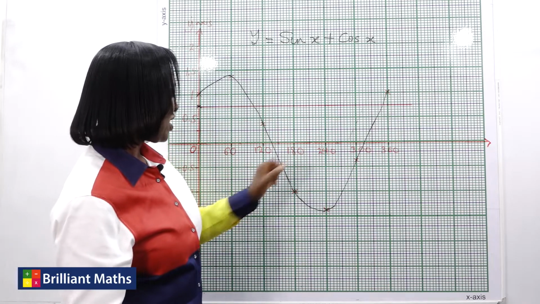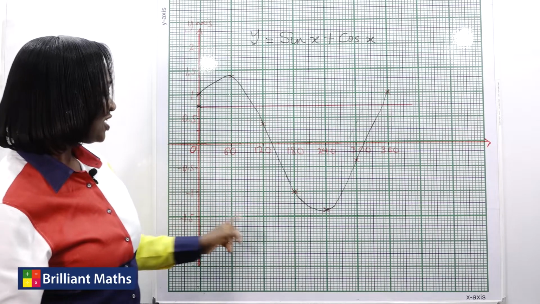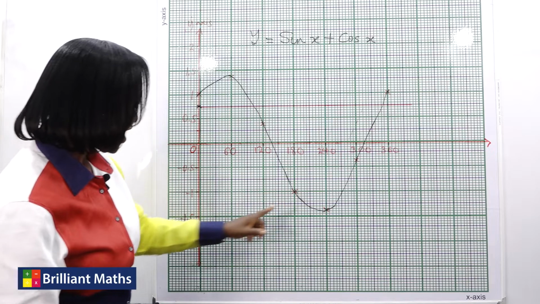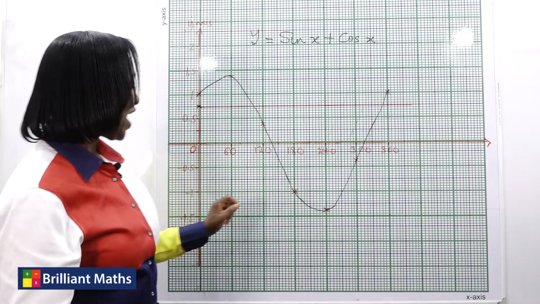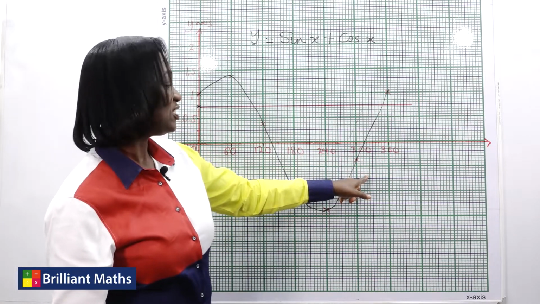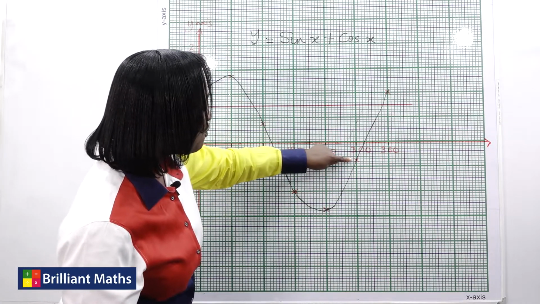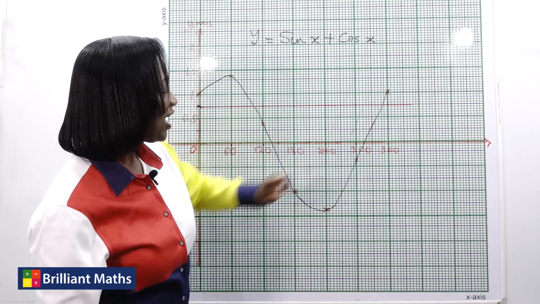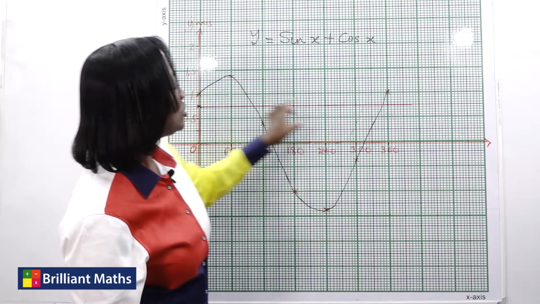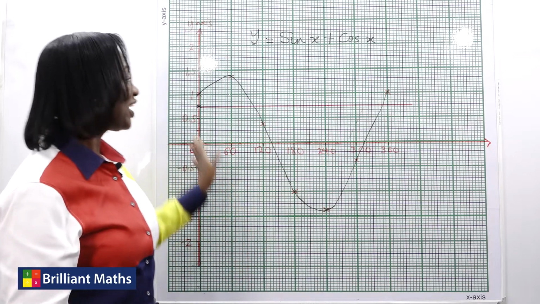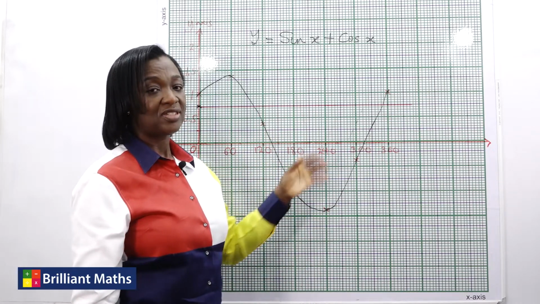When x is 180, y is minus 1. When x is 240, y is minus 1.4. When x is 300 degrees, y is minus 0.47. And then when x is 360 degrees, y is equal to positive 1. So that gives us the curve, the graph of sine x plus cos x.